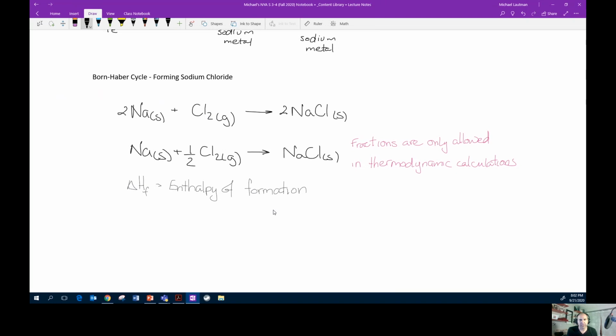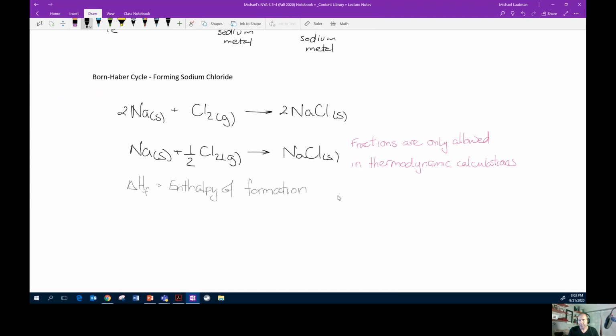And for this reaction, we can actually measure the enthalpy of formation directly. You may have done this in high school, where you do a reaction in a calorimeter, sometimes coffee cups and a thermometer, and you measure how much heat is involved, and you do the Q equals MC delta T type calculations.